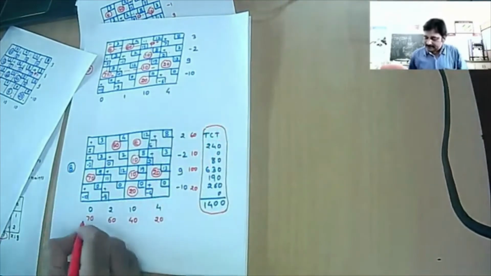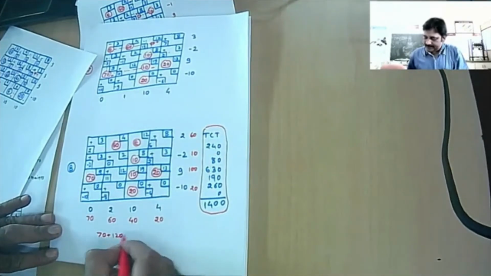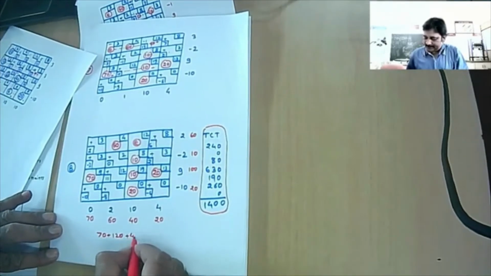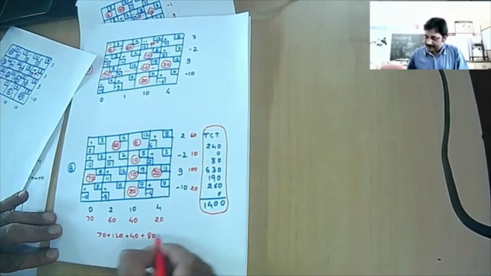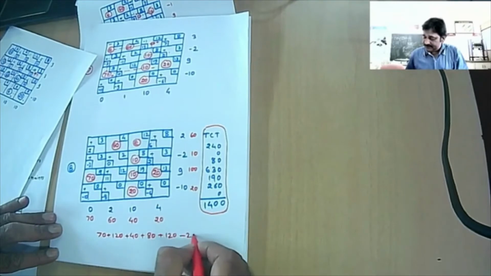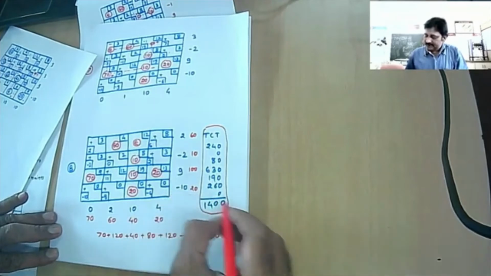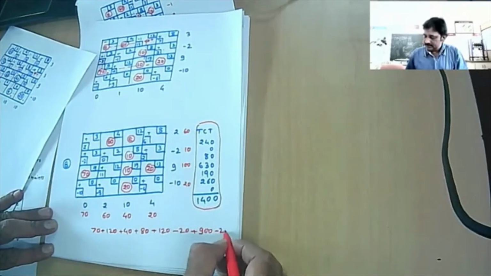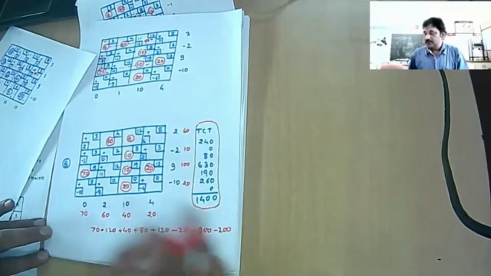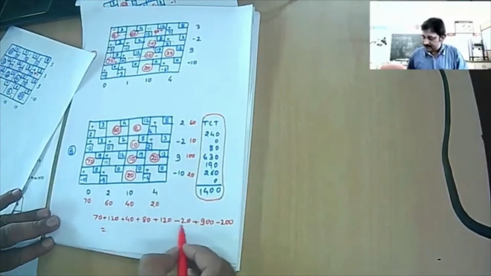So what does it come to? 70 plus 120 plus 40 plus 80 plus 120 minus 20 plus 900 minus 200. Along with sign, you have to do the sum of the product. So what does this come to?